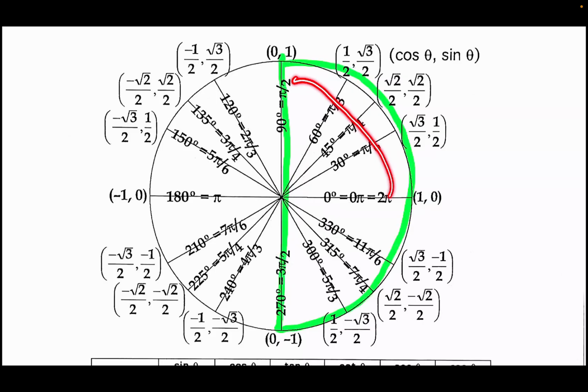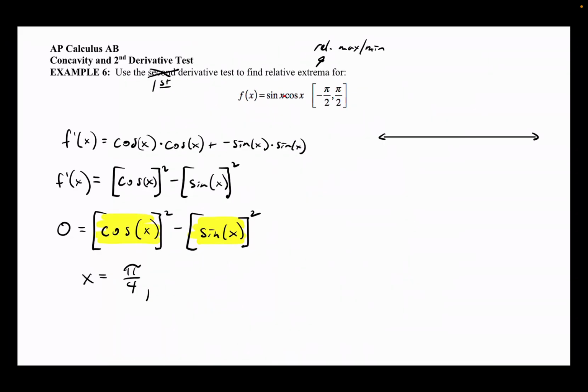This is pi over 2, and this is negative pi over 2. So we know pi over 4 is in there. The other one, 5 pi over 4, wouldn't fit in there either. So the only one we can use is pi over 4, the only one between negative pi over 2 and positive pi over 2.